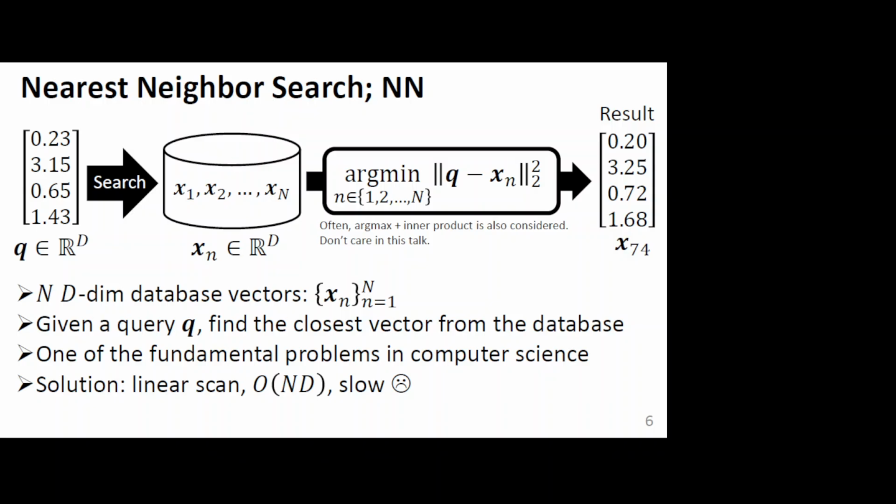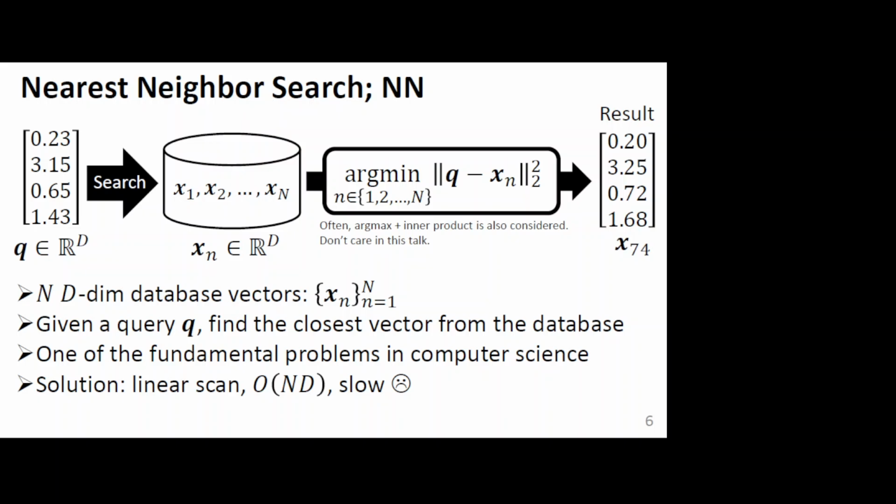We return the top one, the nearest neighbor, to the user, which is x74. The ID is 74. We can return it to the user. For the ranking function, some methods may use the inner product.